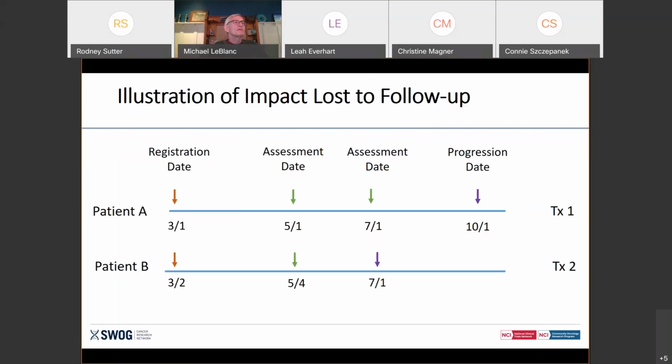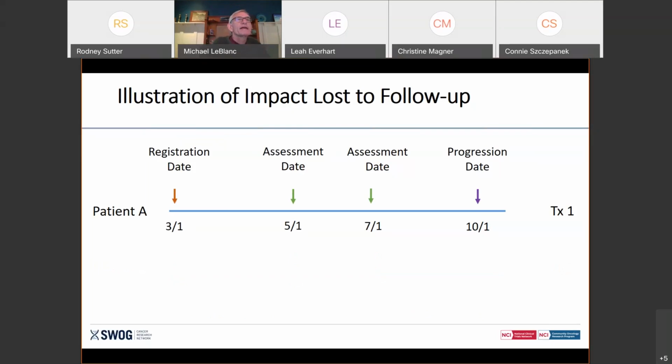Patient B registered March the 2nd, assessment date May the 4th, assessment date again July the 1st, and the purple arrow corresponds to a progression date on July the 1st. So the result is that the patient on treatment 1 had a progression date of October the 1st. The patient on treatment B had a progression date of July the 1st. So patient B progressed before patient A, on treatment 2 rather than treatment 1. Next slide.